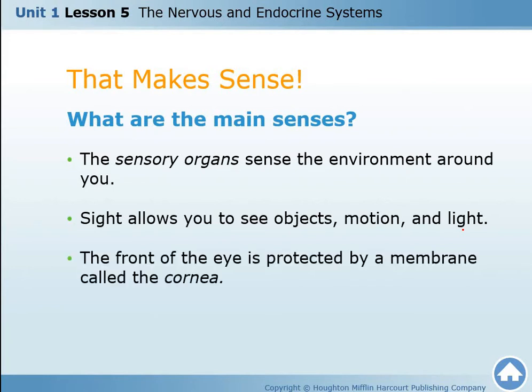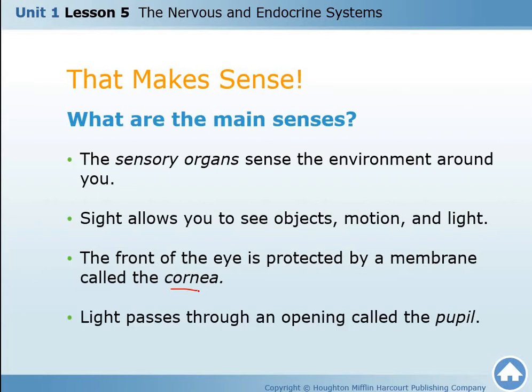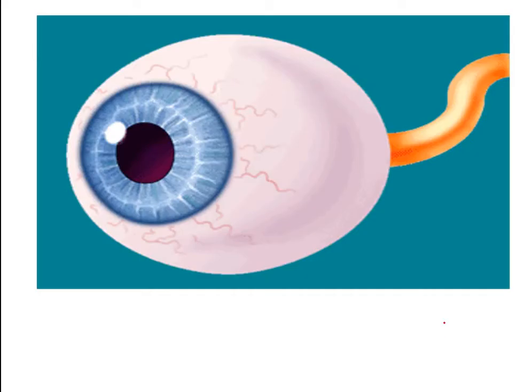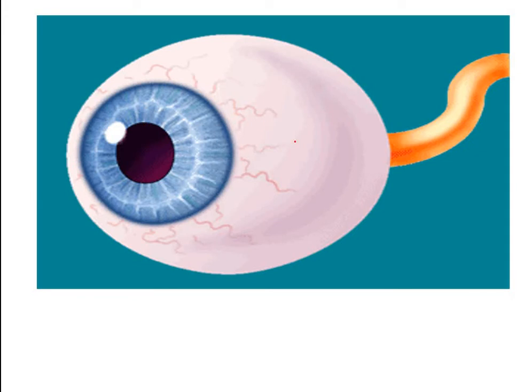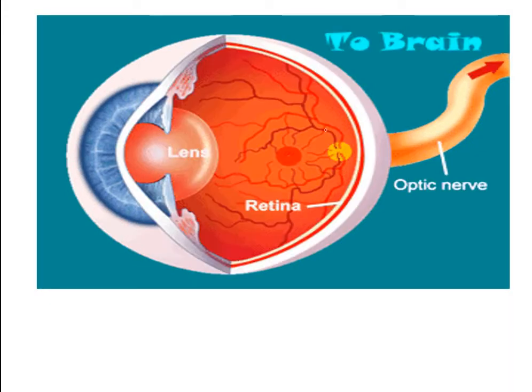The outer part of the eye is protected by a membrane. This membrane is known as the cornea. Under the cornea, we have the pupil, which is an opening in the eye through which the light can pass through. This is the eye pupil. Then the light is collected at the end of the eye in the retina.